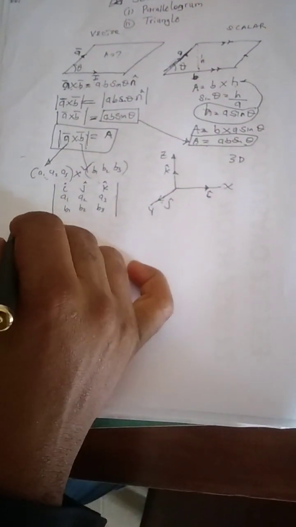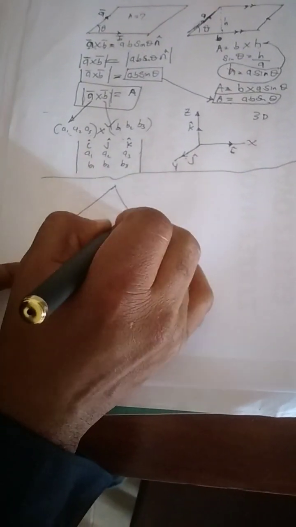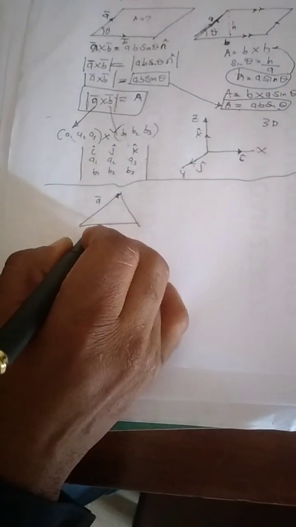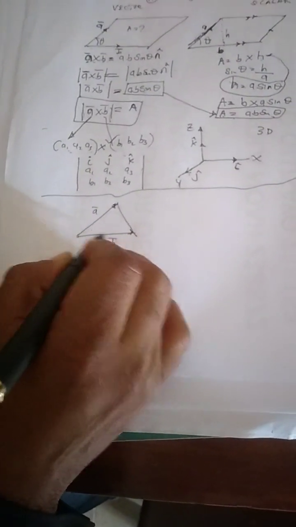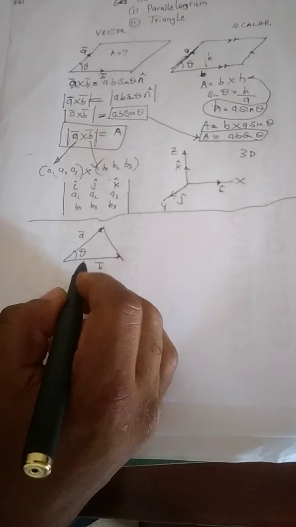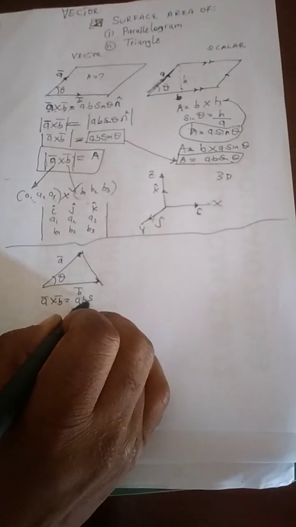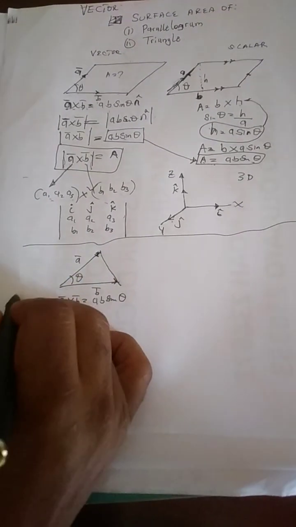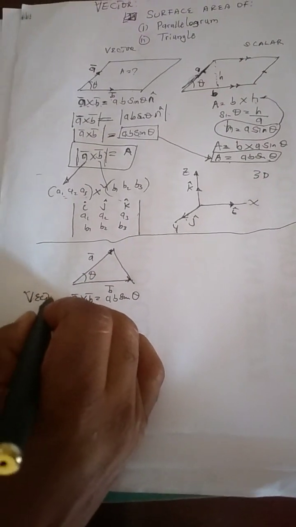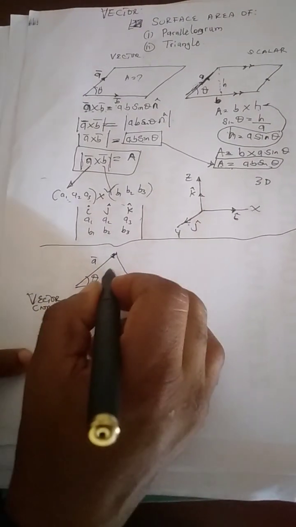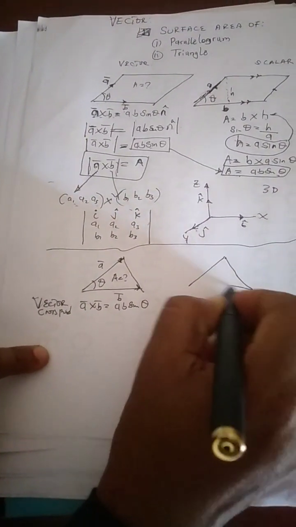Now similarly, to get the area of a triangle, let's say we have this triangle formed by vector A and vector B with angle theta between them. We know that the magnitude of A cross B is AB sine theta when we are describing the cross product of vectors. But we want to get the area A of this triangle. Let's rewrite it as a scalar without the direction.